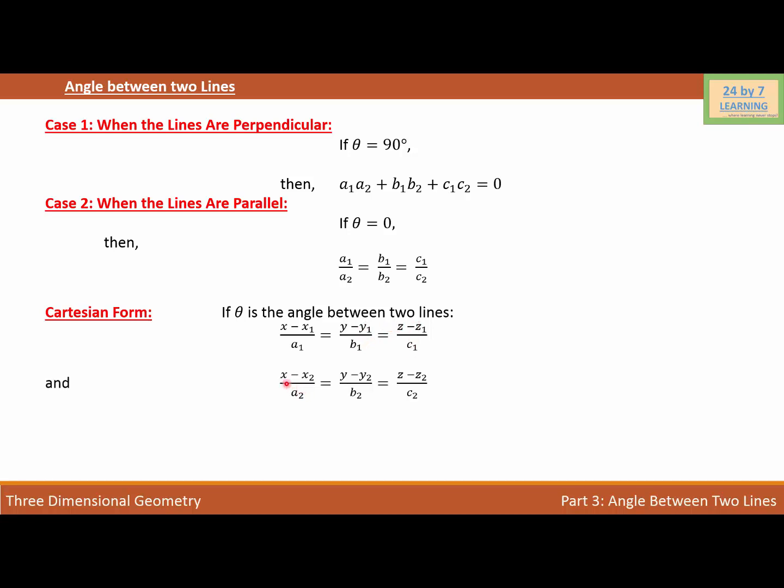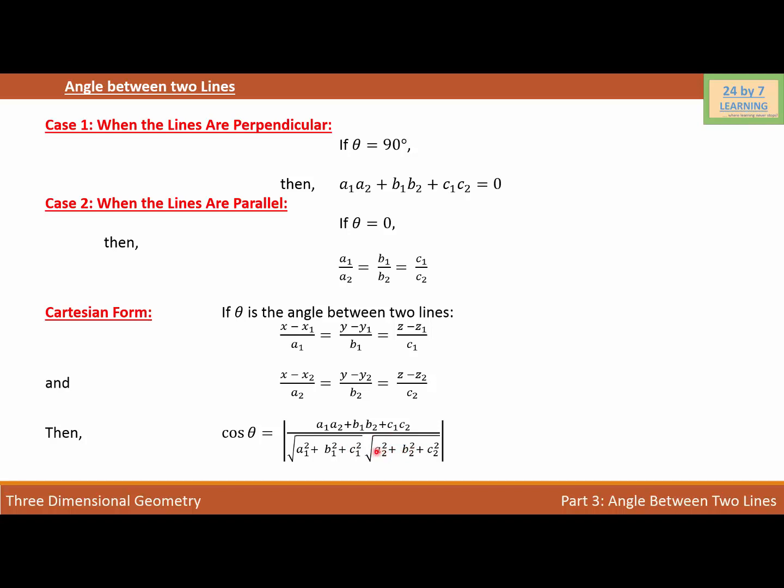And my second equation is x minus x2 over a2 is equal to y minus y2 over b2 is equal to z minus z2 over c2. Then the angle between the lines is given as cosine theta is equal to mod or absolute value of a1 a2 plus b1 b2 plus c1 c2 over a square root of a1 square plus b1 square plus c1 square and a square root of a2 square plus b2 square plus c2 square.